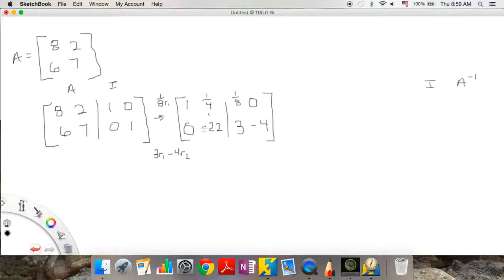Now we need this to be a 1, so we can multiply through by negative 1 over 22. So we leave this one the way it is for now. Multiply this one times negative 1 over 22, and we end up with 1, negative 3 over 22, and 2 over 11.